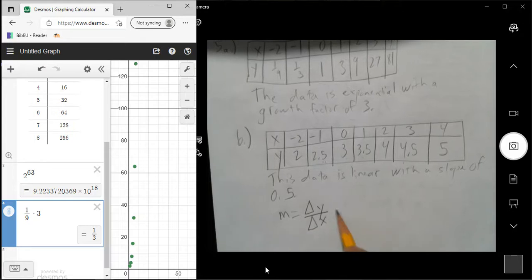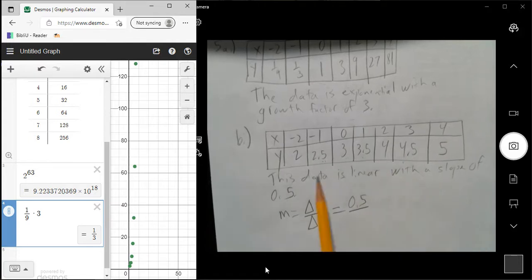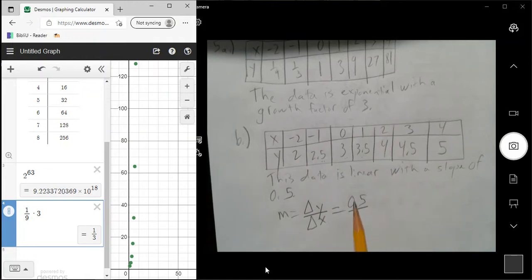That's another way of writing slope, or rise over run. The change in y, we already determined y is going up by 0.5. The change in x, if you notice here, x is going up by a positive 1. So the change in y is 0.5, the change in x is 1, so your slope would be 0.5.